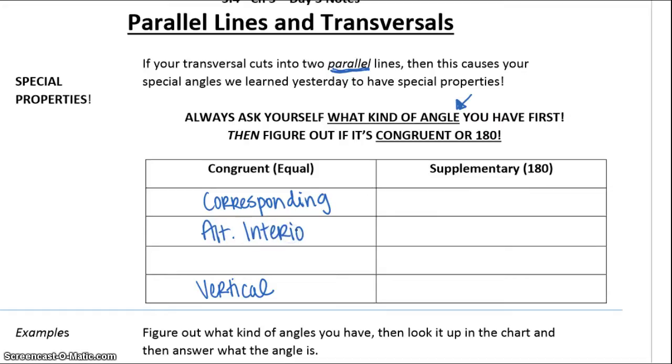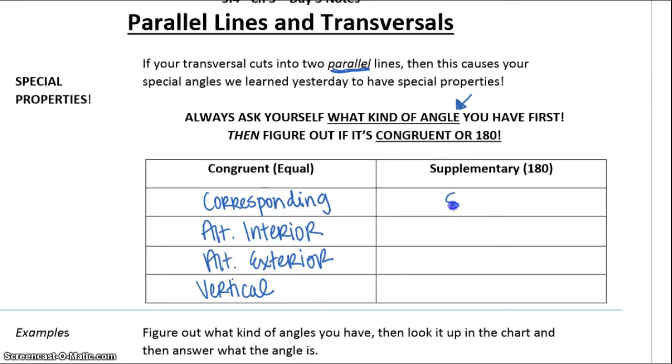Alternate interior angles are congruent, and alternate exterior angles are congruent. Okay? So those angles right there, especially these three, they're congruent if a transversal cuts through two parallel lines. I mean, these vertical are congruent anyway, right? Doesn't have to be two parallel lines, but they're going to throw that in there on you.